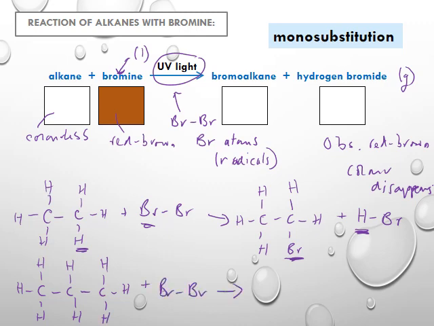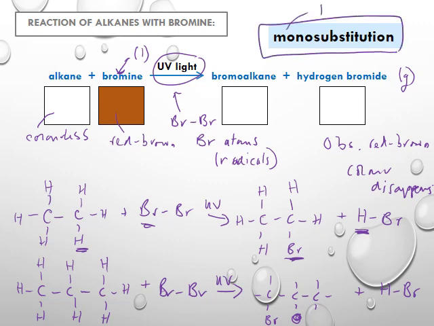Here's our bromine, so the UV breaks that bond to form those really reactive free radicals, and now there's a couple of possibilities for what we could have as our bromoalkane, because it could substitute on this first atom, so I might have my Br there with all the rest H's, or it could have substituted on this second atom, couldn't it? It could be either way. So we've got two possible isomers, and in fact both would be produced. This is mono substitution because we're talking about one hydrogen being swapped for one bromine atom. Okay, and we'll look at some of these isomers in a second.